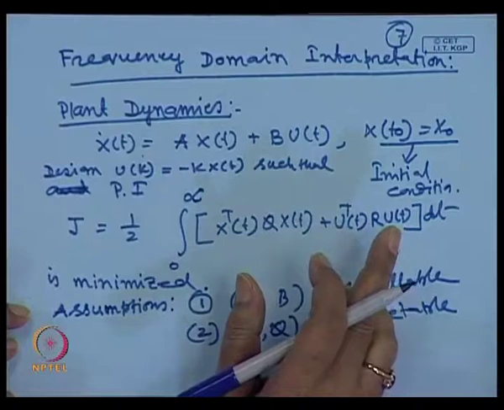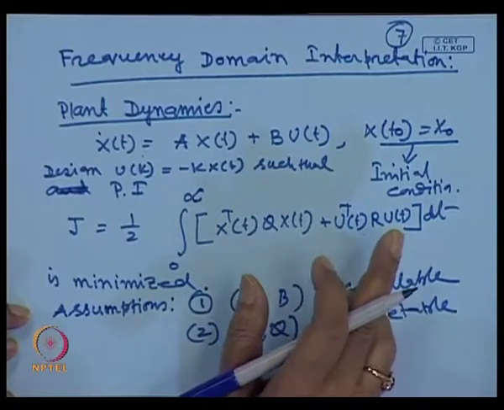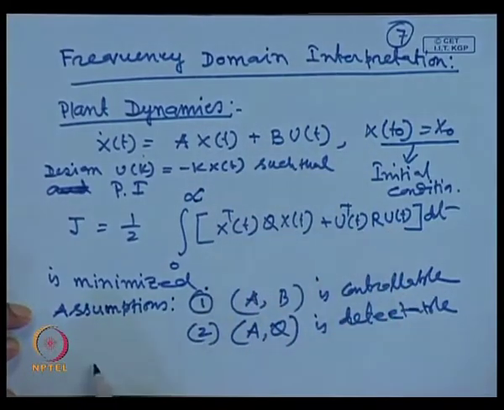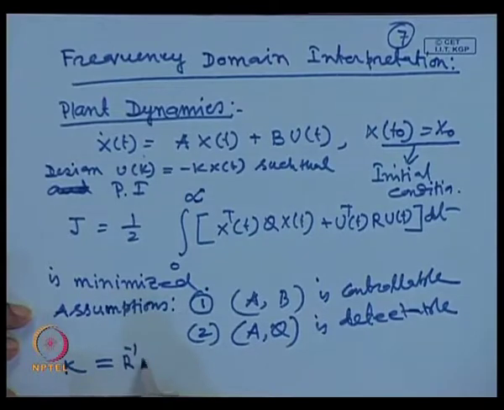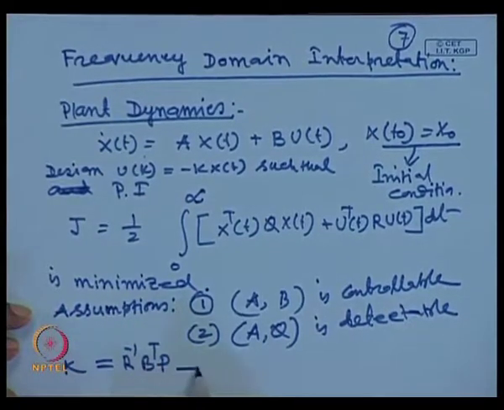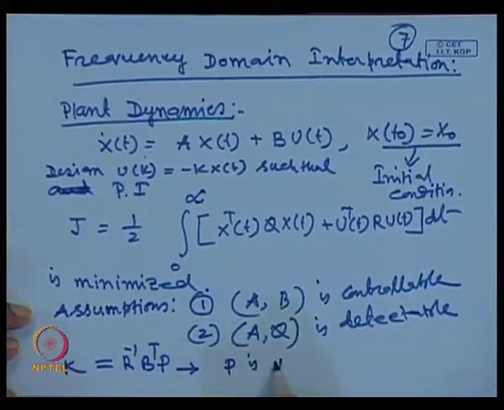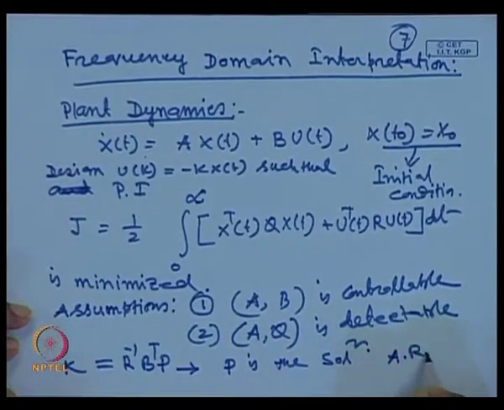Once you solve the algebraic Riccati equation and get the value of P, then your K is nothing but R inverse B transpose P, and this P is the solution of the algebraic Riccati equation, that we know.